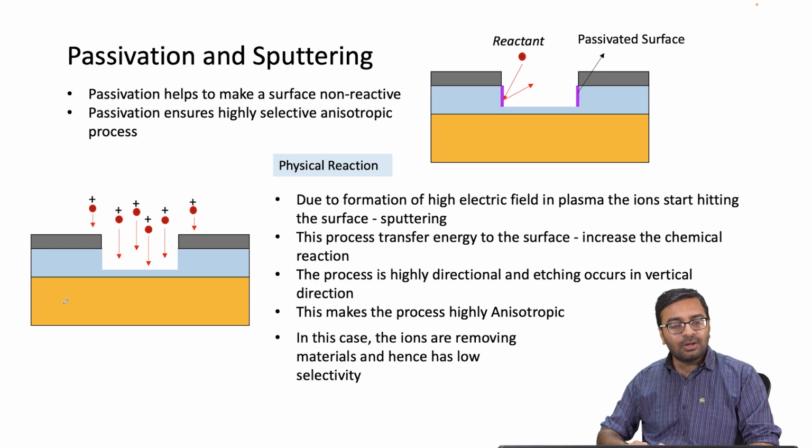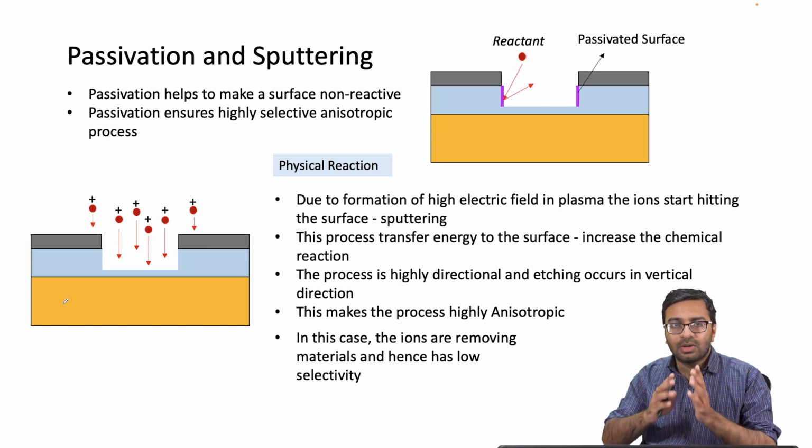Now, in this regard, there are two different terms that one should know. One is passivation, another one is sputtering. So, passivation is a process where you make a surface non-reactive. So, this passivation will ensure that the highly selective molecules or radicals are not able to react with the surface because they are passivated.